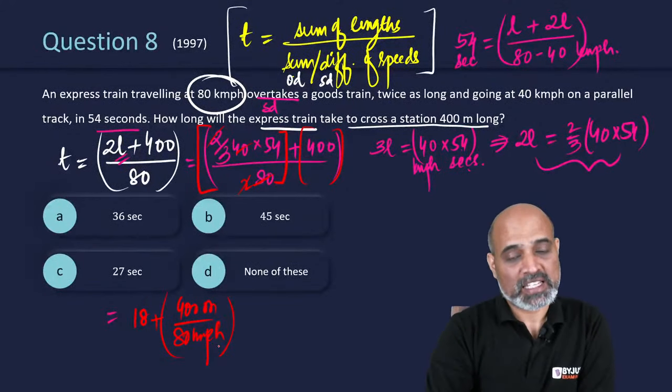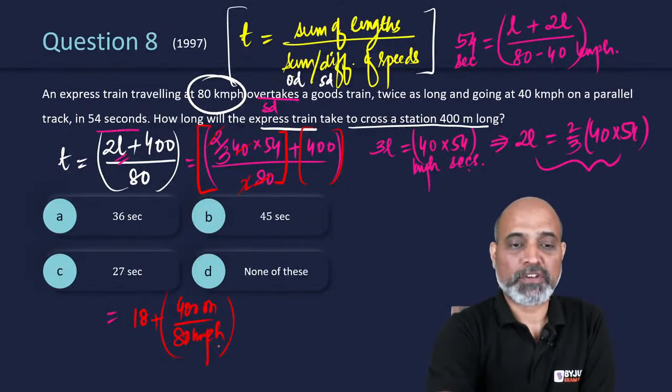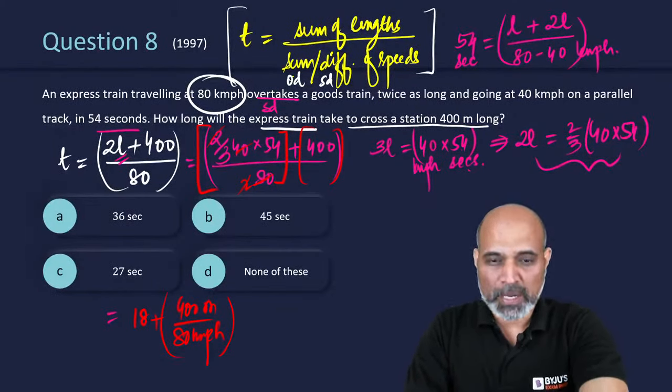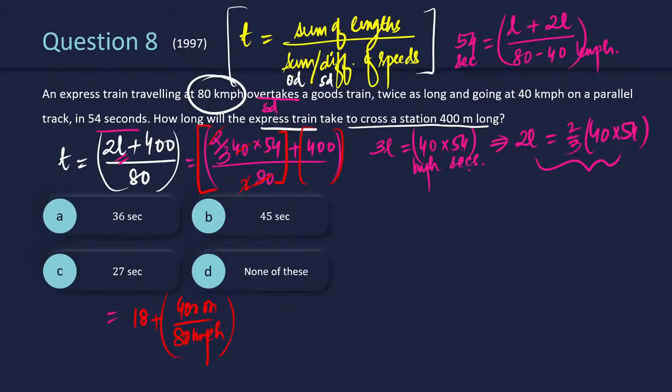Well, in the exam, everybody prefers converting back to the units. But right now I want to explain something to you. Look at this. 80 kilometer per hour means in 60 minutes.